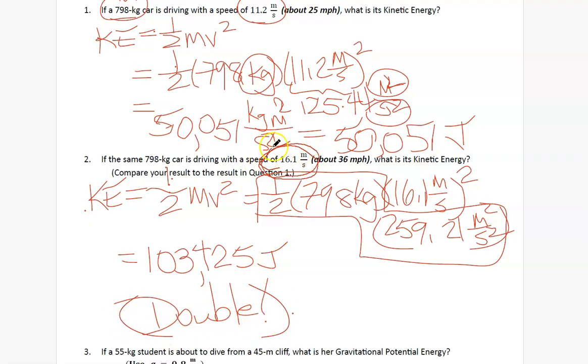We only increased our speed from 11.2 meters per second to 16.1 meters per second. We went from about 25 miles an hour to about 35, 36 miles an hour. But we doubled the energy of the car.